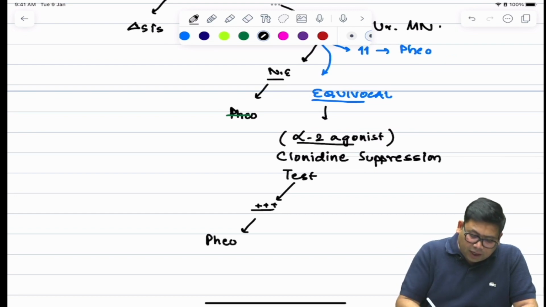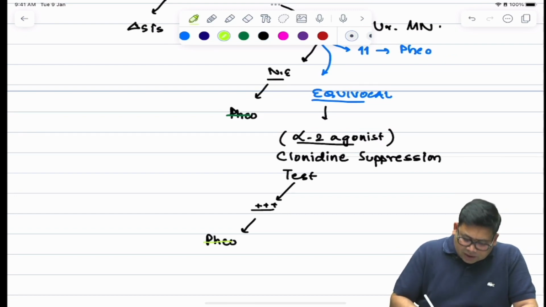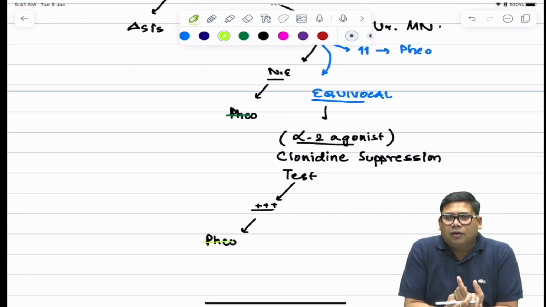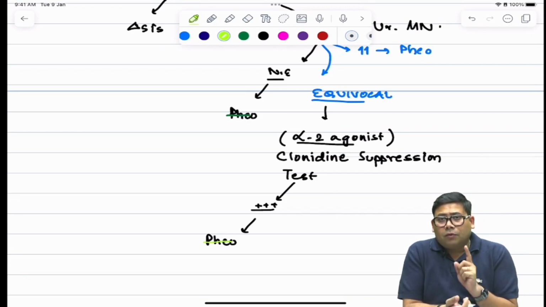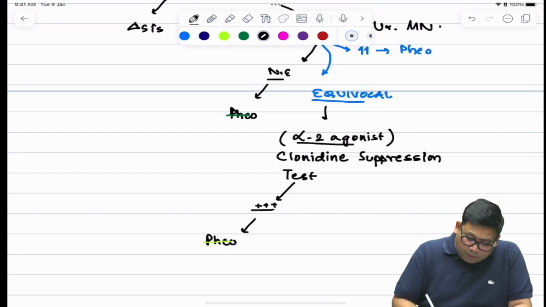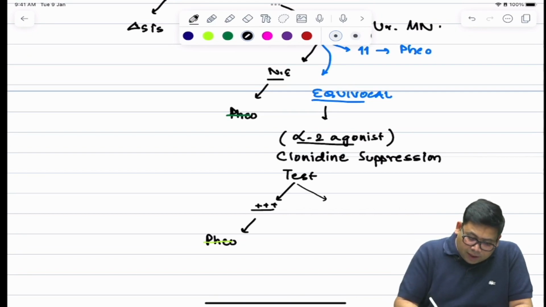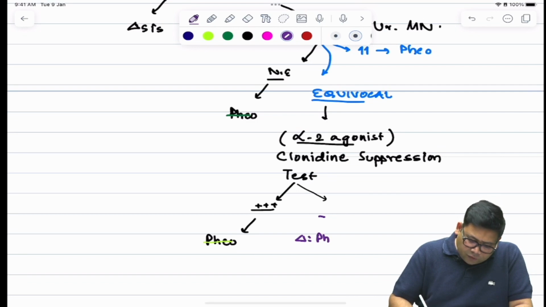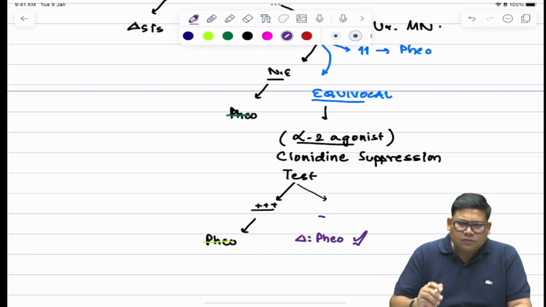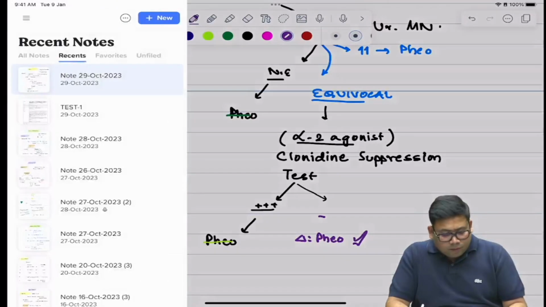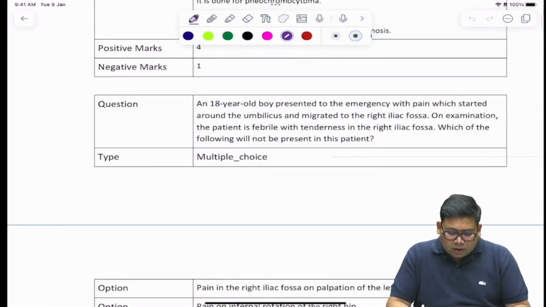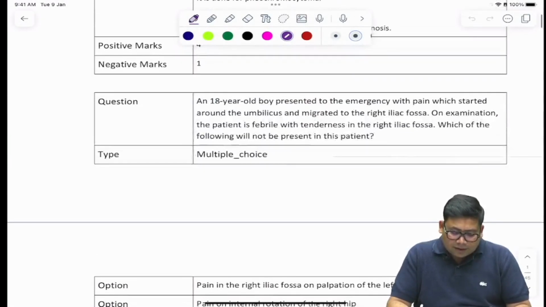Because clonidine will act on the brain, and if it was actually due to increased sympathetic activity of the brain, it will be ruled out, and this is very important. Remember, if clonidine suppression is negative, then the diagnosis of FEO is actually confirmed. So let us go back to the question paper, and again let us understand this question.